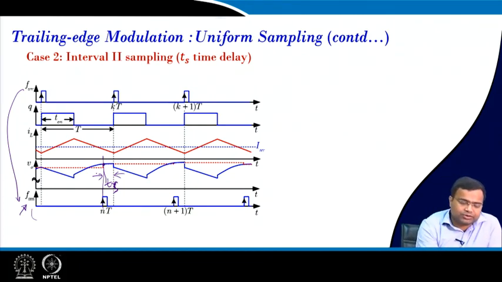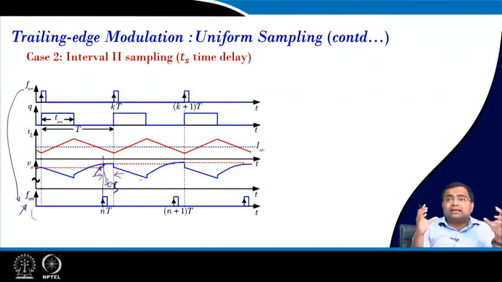So whether we should take the sample point at the peak voltage or the valley voltage may slightly affect the RHP zero effect, and there are research papers on this, but we are not going to discuss it. When we come to the boost converter current mode sampling, we will discuss some aspects there.